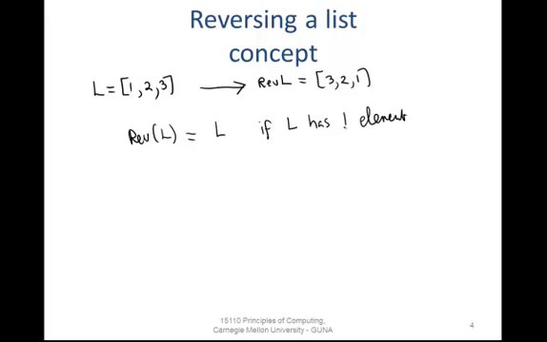Now, if the list has more than one element, let's say something like this, what you can do is take the first of the list, which is 3, and then append it to the tail of the list. So if you take 2, 1 and reverse it, let's say you somehow magically reverse this 2, 1 list into a 1, 2 list, and then append the first of the list to that, then it would be done.